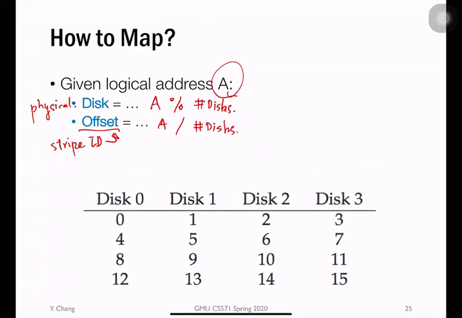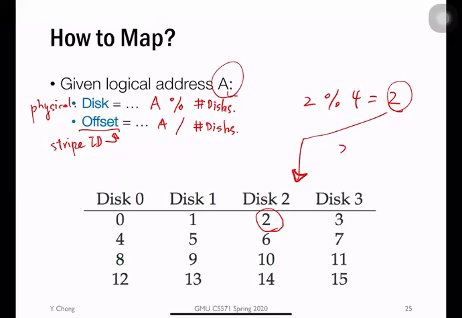If you take a look at logical block number 2, which disk does it belong to? 2 modulo 4 gives you 2. So the remainder of this operation is 2, which means it belongs to the third disk.